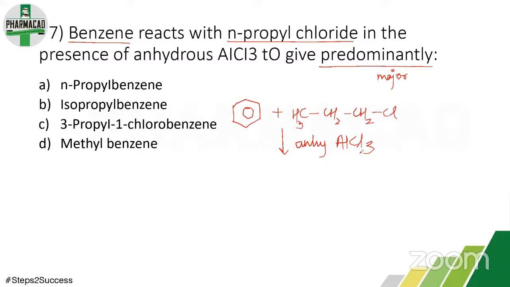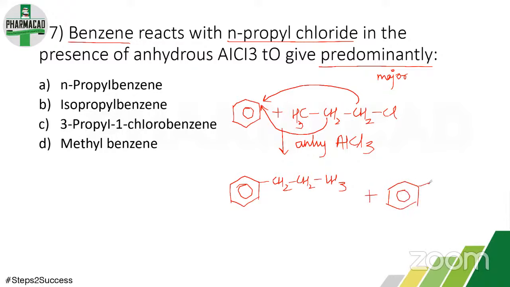In this case, we will get two products, depending on whether this carbon atom gets attached to benzene or that carbon atom gets attached to benzene. So two products: benzene with n-propyl, CH2, CH2, CH3, and the second one, where this carbon atom gets attached to the benzene. Chlorine was attached to this carbon atom, with CH2, CH3 attached, and the chlorine is removed.